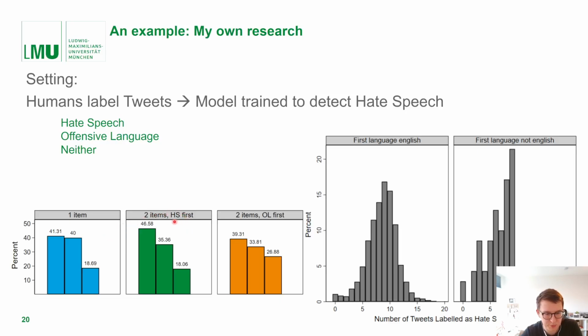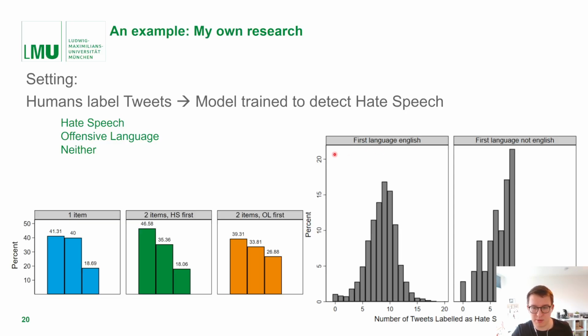For example, if you ask about hate speech first, you get much more hate speech, compared to when you ask about offensive language first, you get much less hate speech. This is a small example to show you how training data are changed depending on how they are collected. And if this happens in an unwanted fashion, then we will also have biased models, which we really don't want.